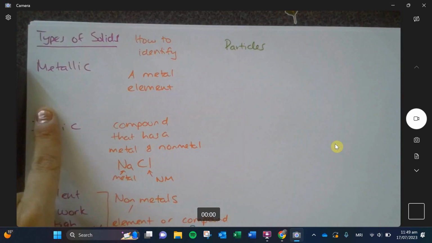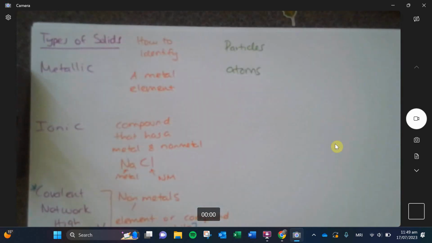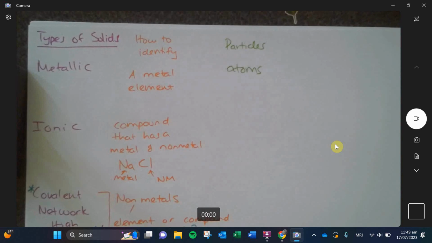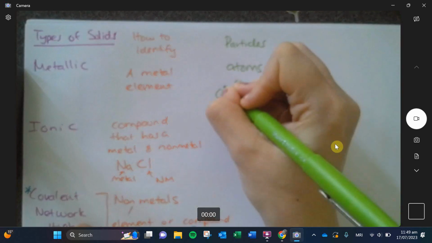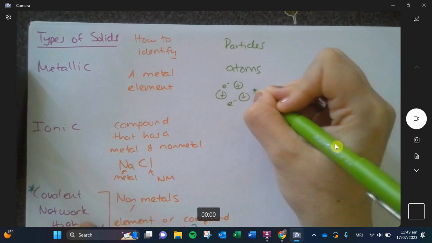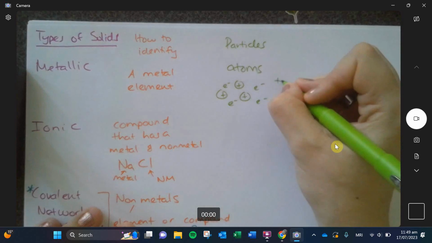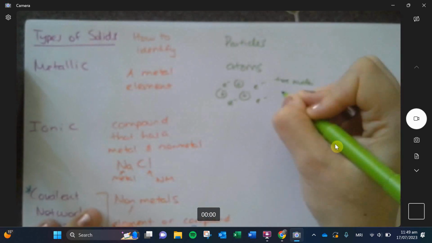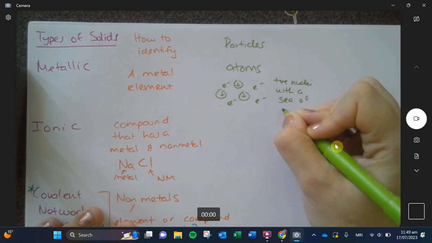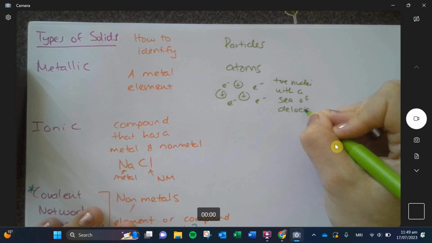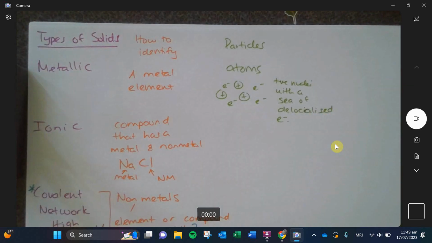For metallic solids, you are dealing with atoms. If you remember when you were learning about it, what you have are positive nuclei surrounded by a sea of delocalized electrons. You remember what that means, delocalized electrons?